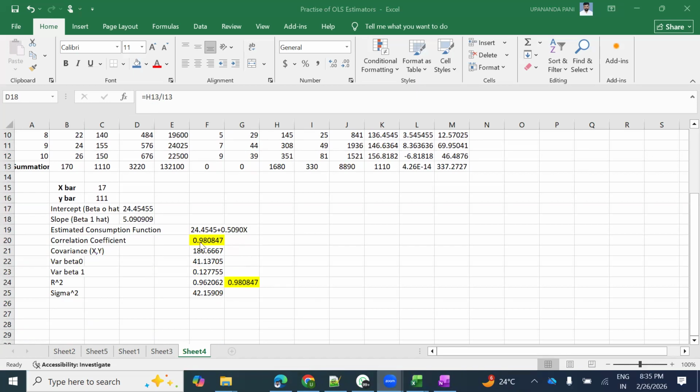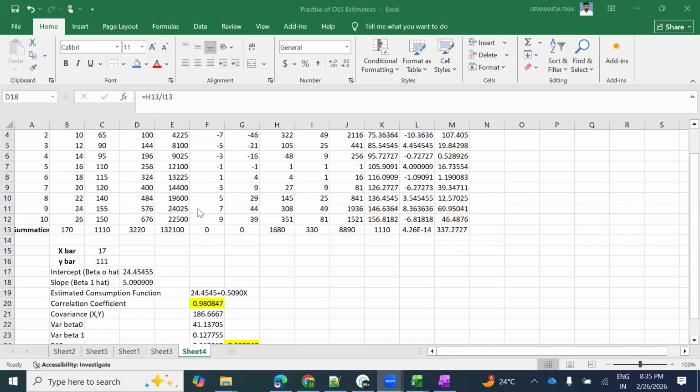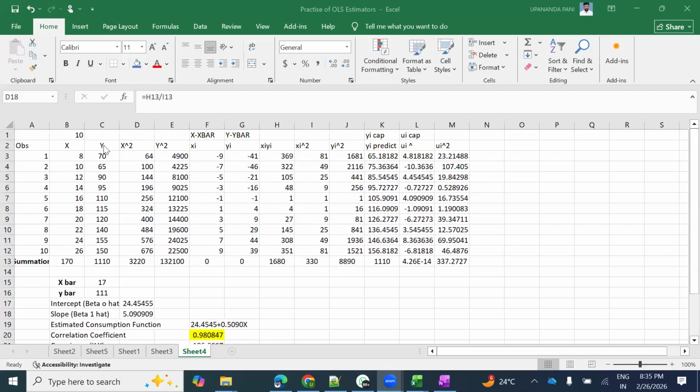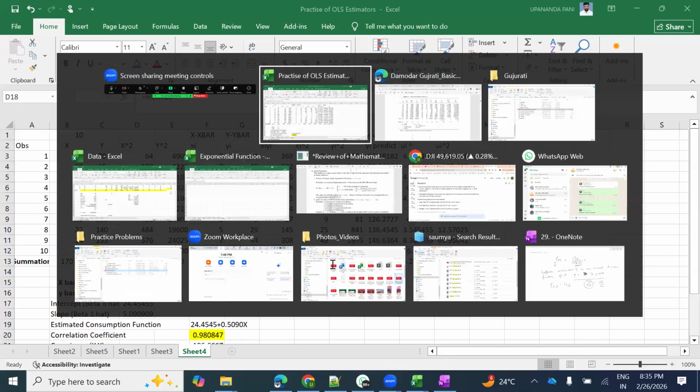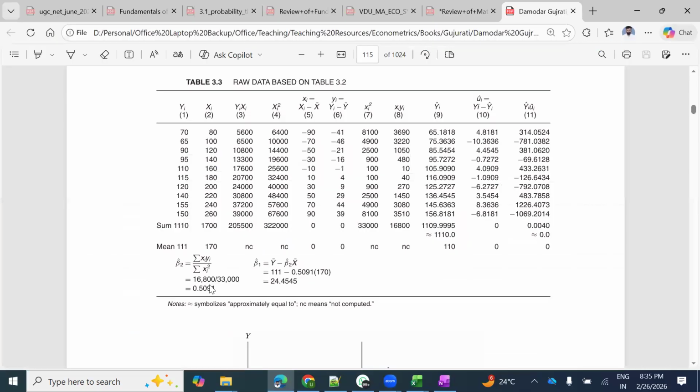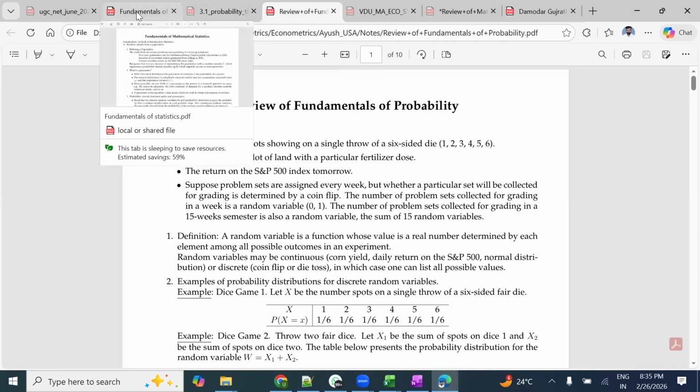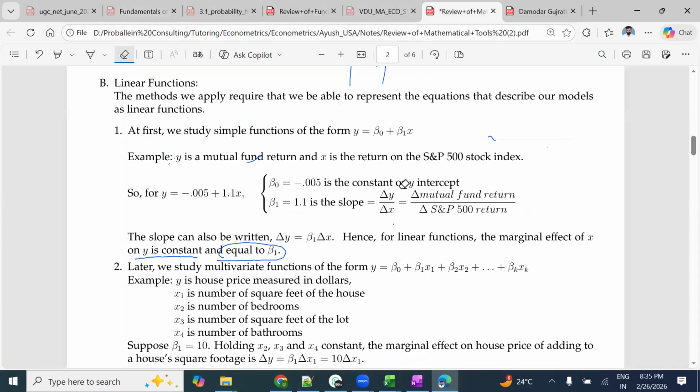Okay, Bhakti ma'am. Okay, sir. Because of the formula here, I have to relate and check the data. I think it is a little different here, so you have to cross check all the data points. But let us focus on today's session. The change of scale I will discuss later on. Let me check, because I have not cross checked the data.